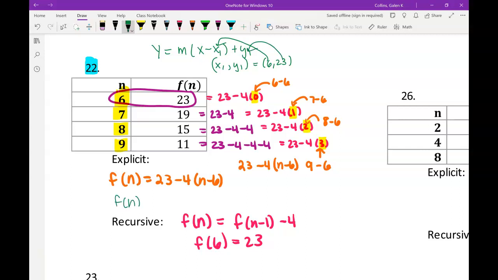I'm going to go back to f of n down here. You can use y. I don't really care that much for the explicit. It's hard to do that with the recursive. I could think of this as negative 4 times, if I'm using n, I should use n here, n minus 6, and then plus 23. These are the same thing. I just wrote the 23 out front in the orange one.